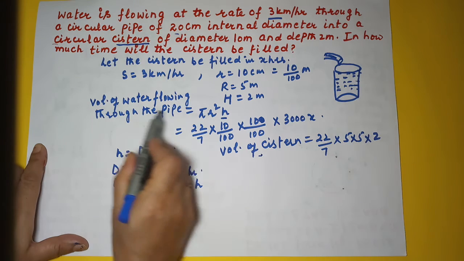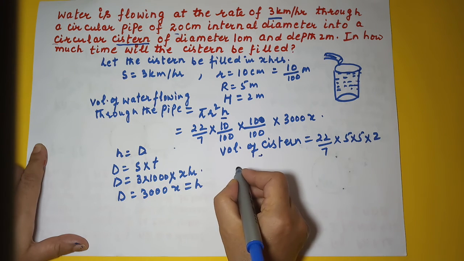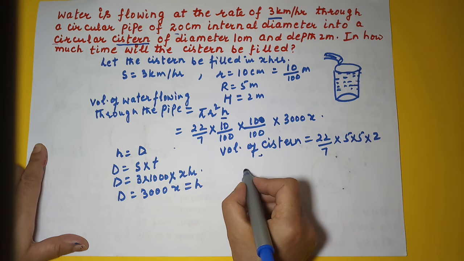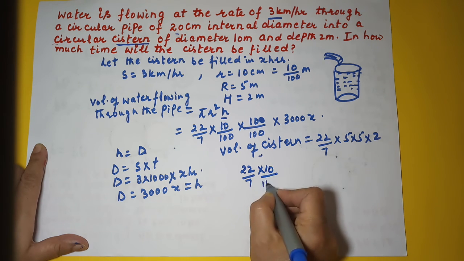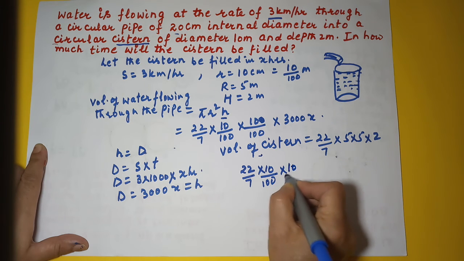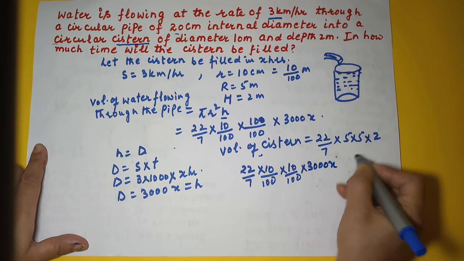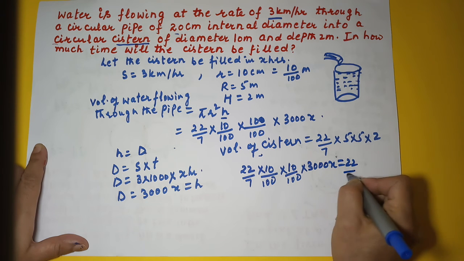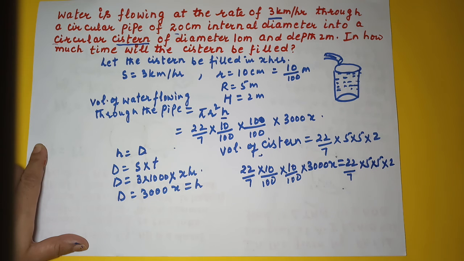Volume of water flowing through the pipe is equal to the volume of the cistern. So we can equalize these two. So we can say 22/7 into 10/100 into 10/100 into 3000x is equal to 22/7 into 5 into 5 into 2, right?